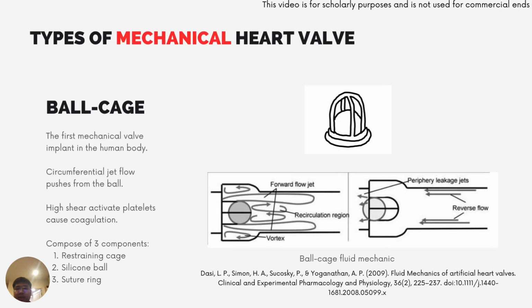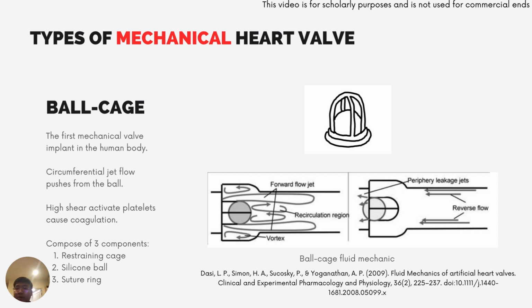First, let's begin with the cage ball type. It is composed of a suture ring, a metal cage, and an elastomer ball in the center to block the blood flow. The flow emerging from the valve forms a circumferential jet that separates from the ball and pushes the ball forward, but it stops at the end of the cage and does not move further.